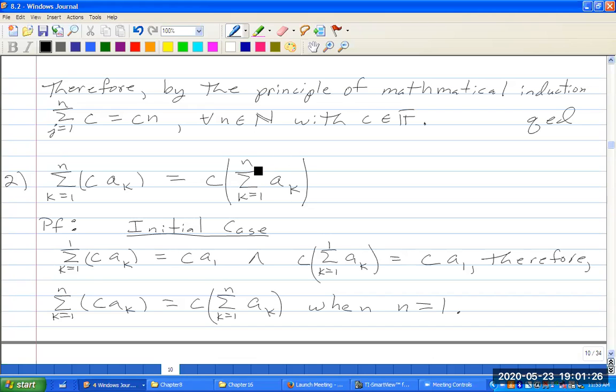And let's look at this guy. So c times the quantity, the sum k equaling 1 to 1 of a sub k, well, that's just going to be a sub 1. So this is c a1. These are equal. Therefore, these two are equal. And so I've shown that these are the same when n is equal to 1. So I've shown the initial case.